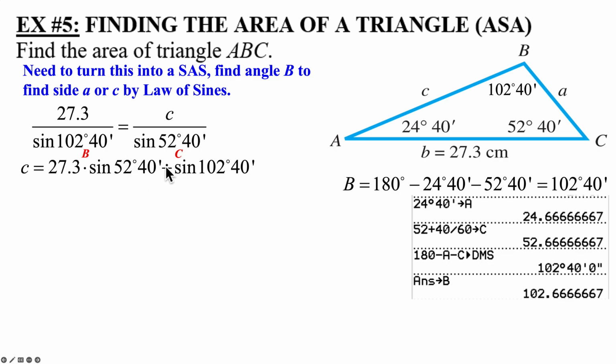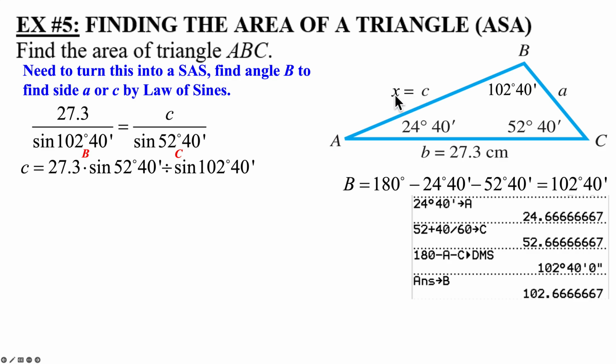So instead of writing all this out, you could say 27.3 times the sine of angle C divided by the sine of angle B. Now, why do I say that? Calculator entry here is going to be much easier to use alpha B and alpha C. So here I'm going to need that C value for my side of my triangle.